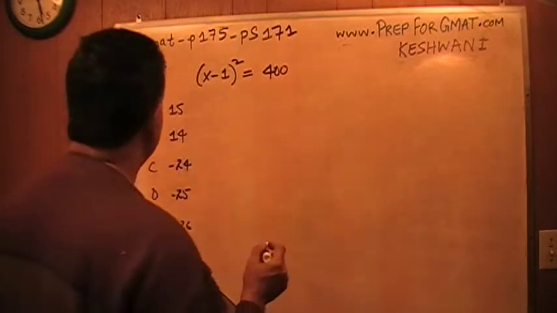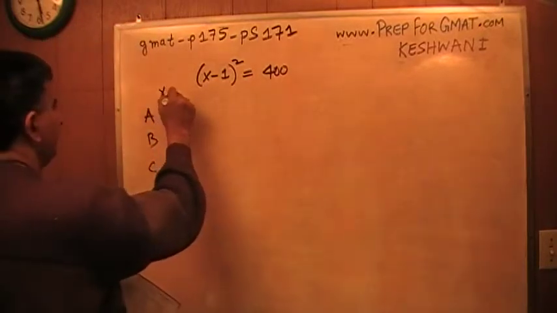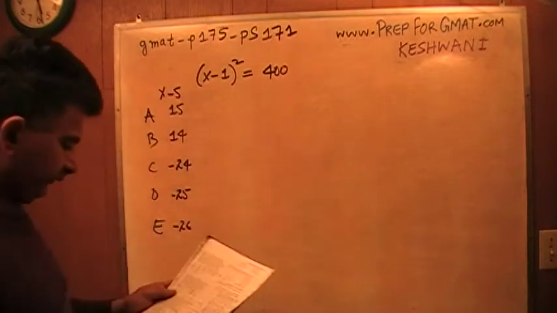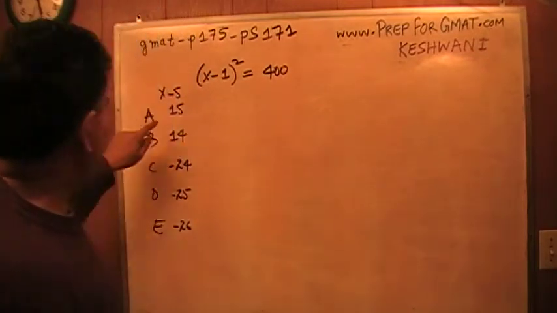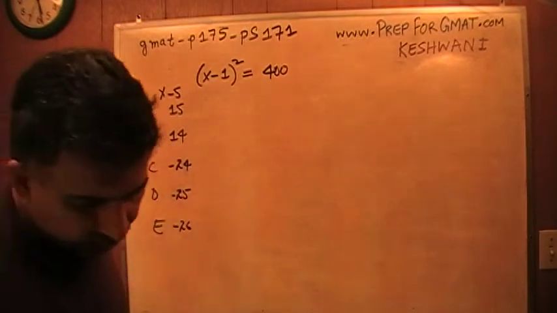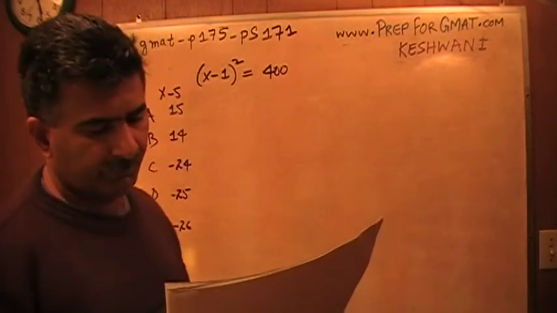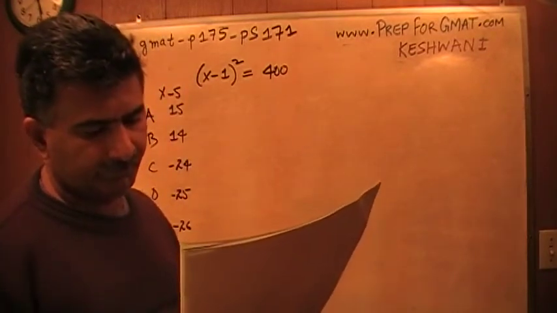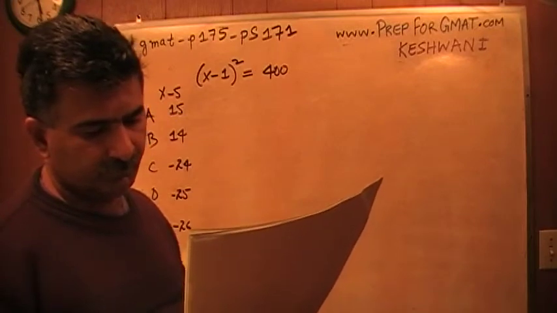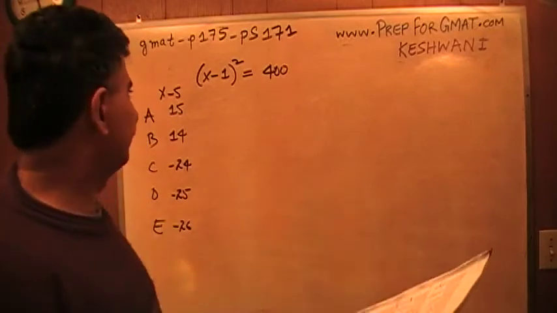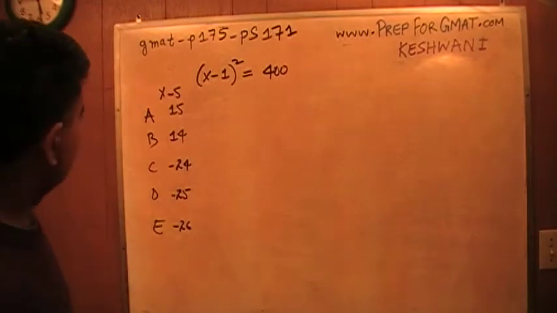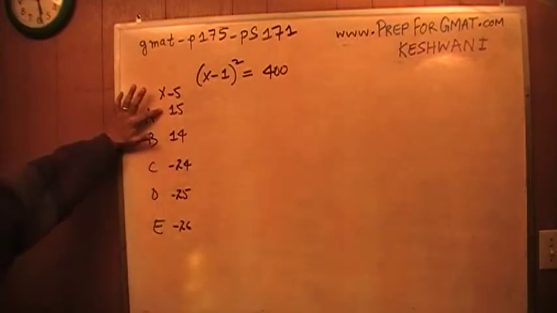These are the values of x minus 5. If x minus 5 is 15, really? Yes. Why is 15 the very first answer choice there?